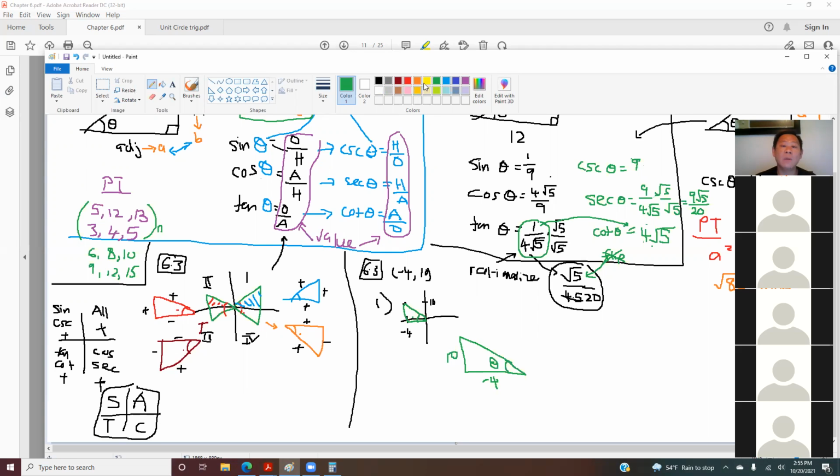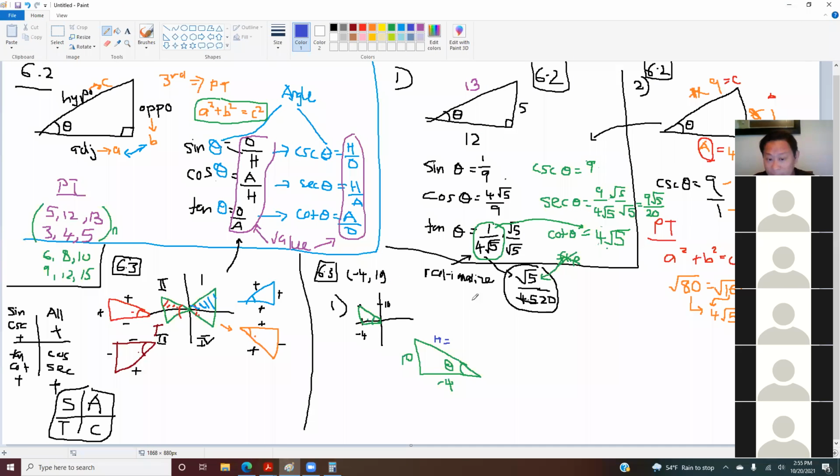So can someone tell me what is your hypotenuse here? You have to use your Pythagorean theorem, square root of 10 squared plus 4 squared. 10 squared is 100, 4 squared is 16, so 116, right? Can we break 116 down?